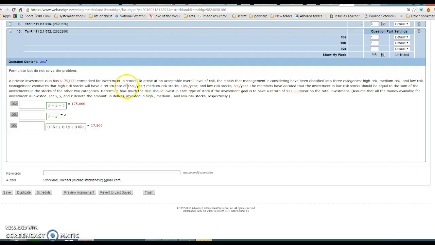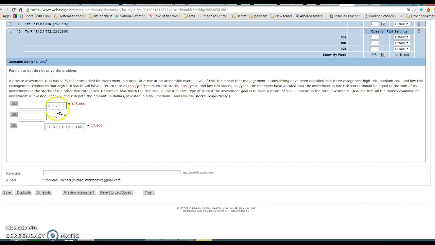We're going to convert that to a decimal, which would be 0.15. So 15% a year, 0.15 times the amount invested in high risk, which of course is X. And then 10% or 0.1 for the medium risk, or Y, and then 5% for the low risk, which is Z. So we add those 3 together, and we want that to equal 17,500.